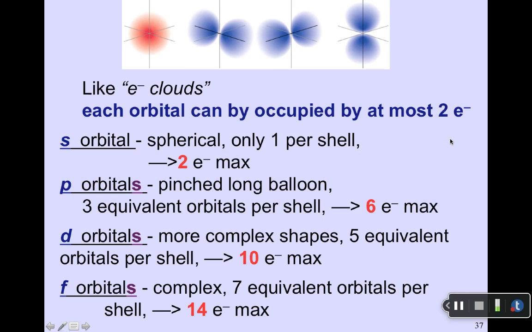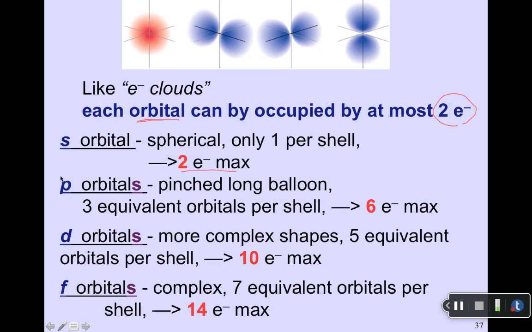These are also considered to be like clouds of electrons, where the electrons are moving about in fast motion. These s orbitals, being spherical, have one for every shell, shell 1, shell 2, shell 3, shell 4, with a maximum of 2 electrons, because every orbital has at most 2 electrons. So there's only one s orbital ever in a shell, and it will always have only 2 electrons.